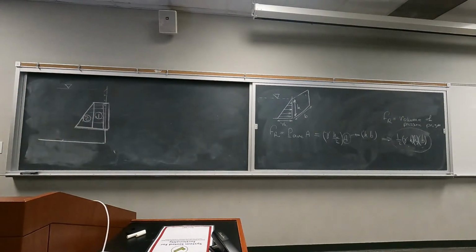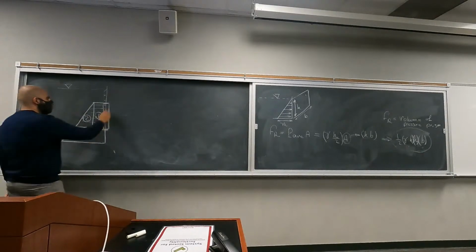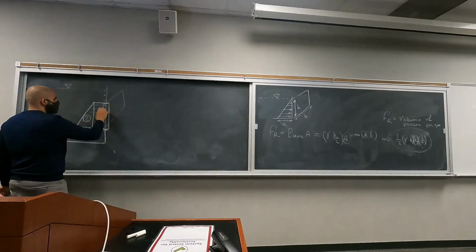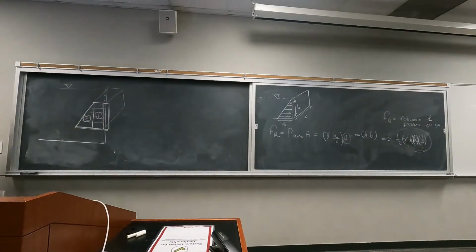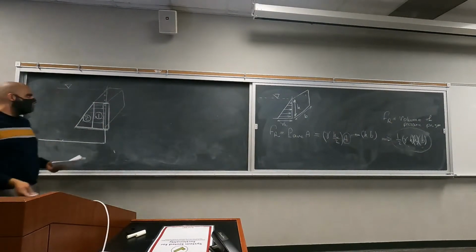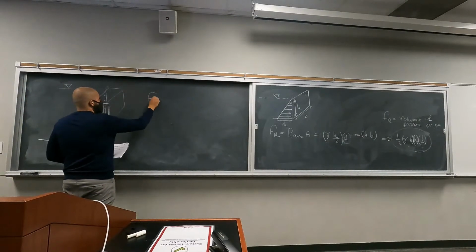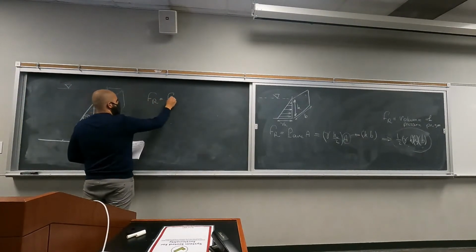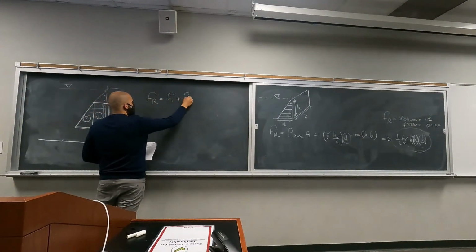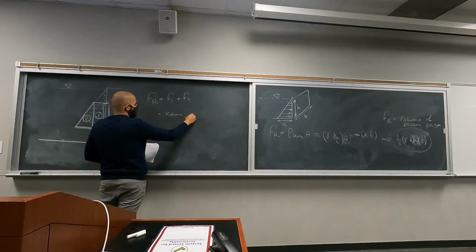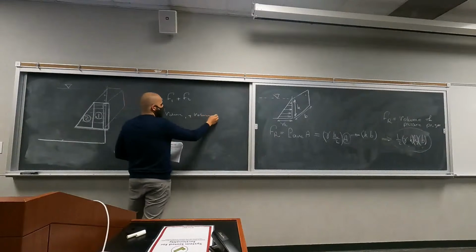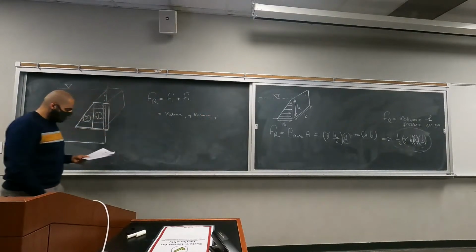Then you calculate the volume of part 1 and then part 2. Add the two volumes, and you're going to have your resultant force. So essentially F_R is going to be equal to F1 plus F2, or volume 1 plus volume 2.